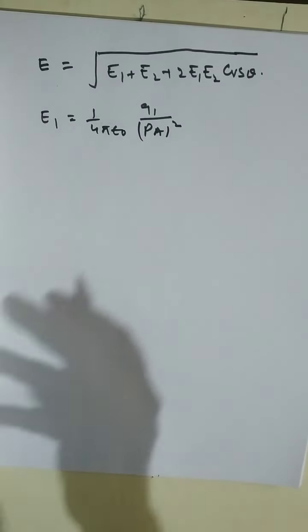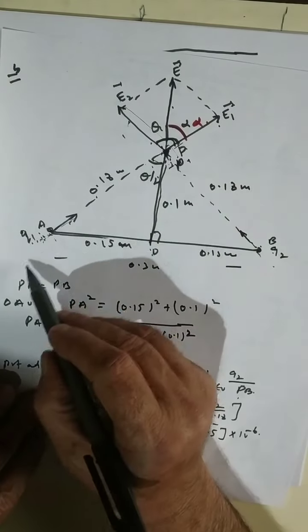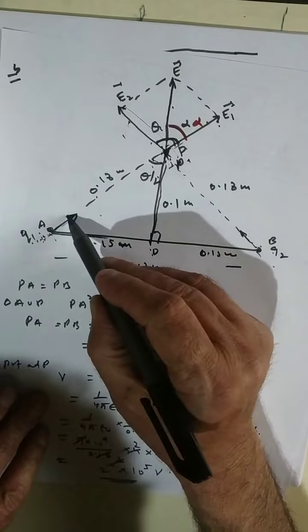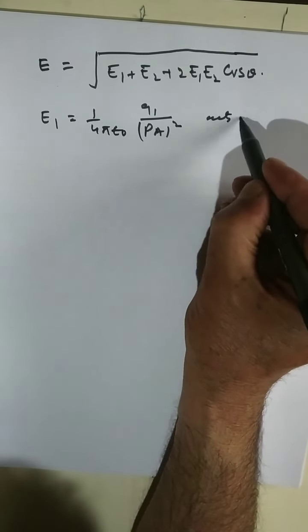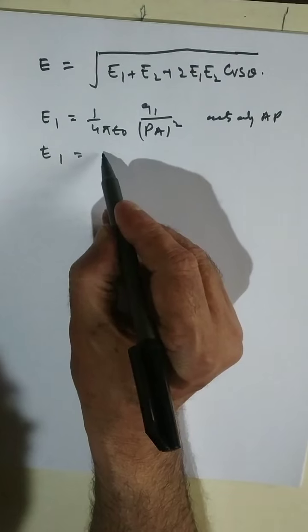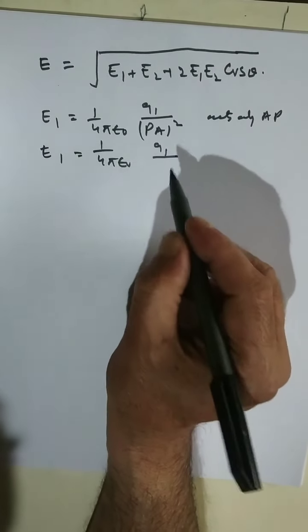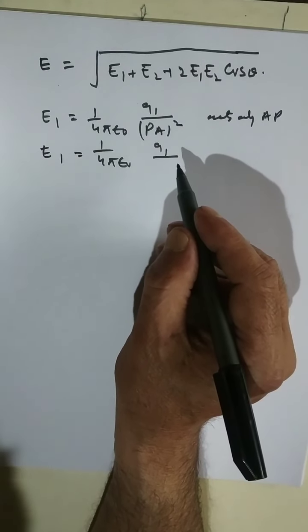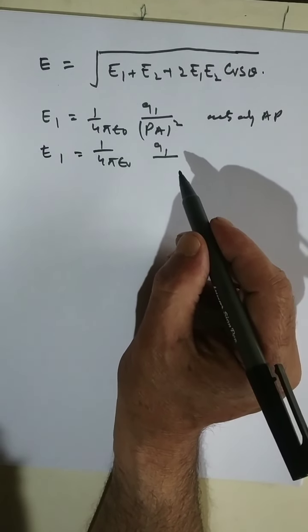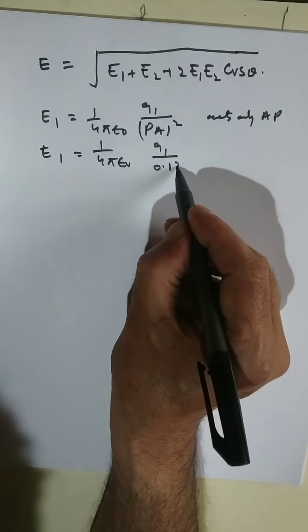PA square क्यों? क्योंकि ये जो इसकी डिस्टेंस है PA square, it acts along AP. ये मैग्नीट्यूड है इसका. So E1 will be equal to 1 by 4 pi epsilon 0 Q1 by PA squared, PA हमारा कितना है? 0.18. ठीक है?